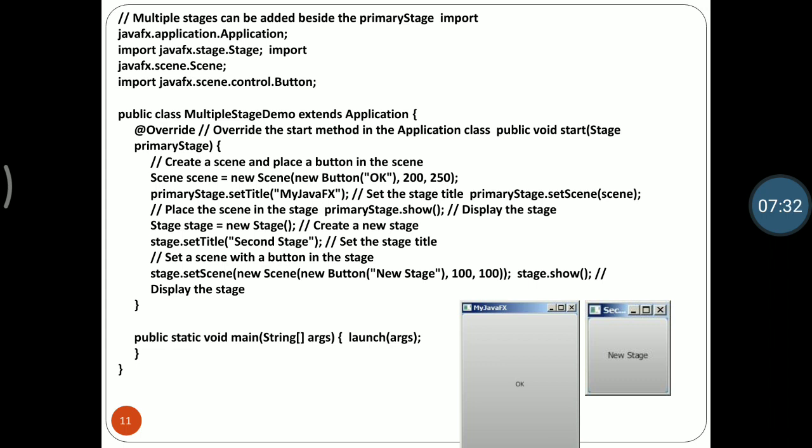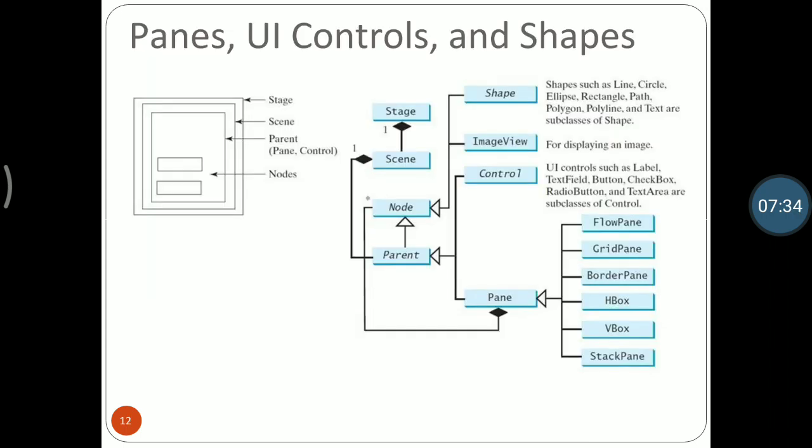We will see about panes, UI controls and shapes. Here we can see nodes are part of a parent. Parent means panes and controls. That parent is contained in a scene and that scene is a part of a stage. Furthermore, here we have the hierarchy of components on the right side of the slide.